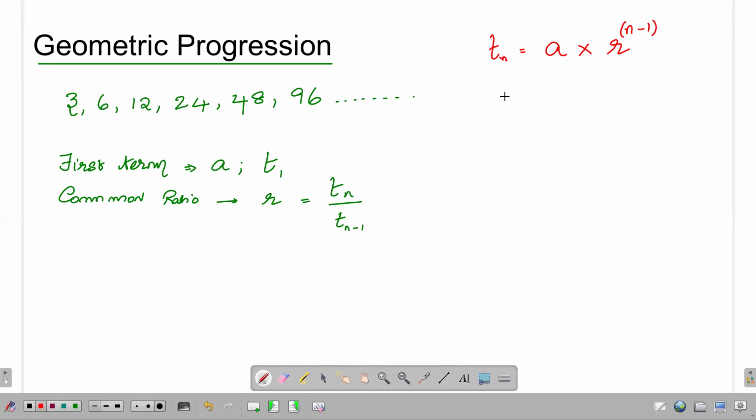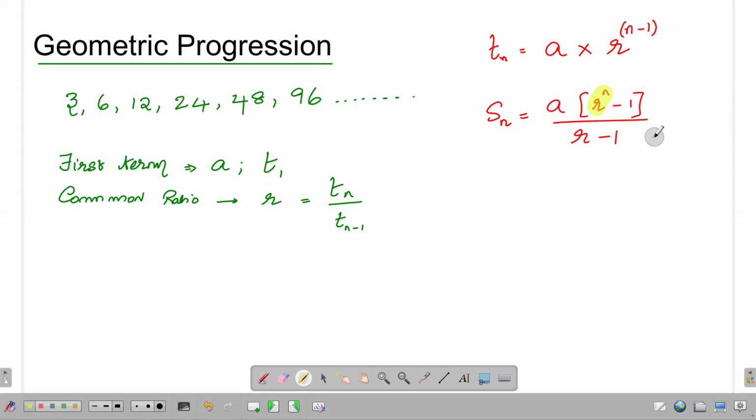Now, let us consider the sum to n terms of a geometric progression. It is given by a into r raised to n minus 1, divided by r minus 1. Please note here it is r raised to n that is decremented by 1.